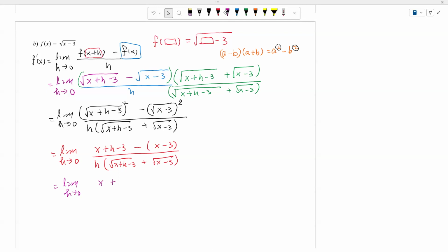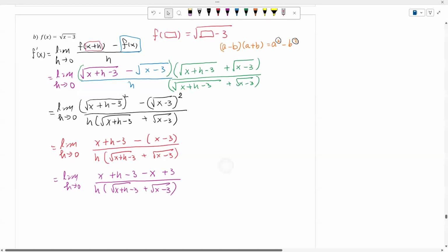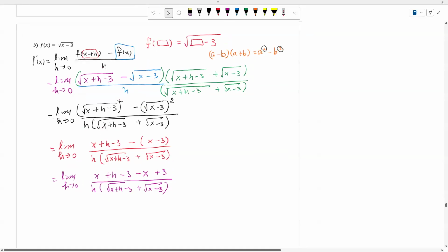And now let us simplify this. x minus x cancel out.